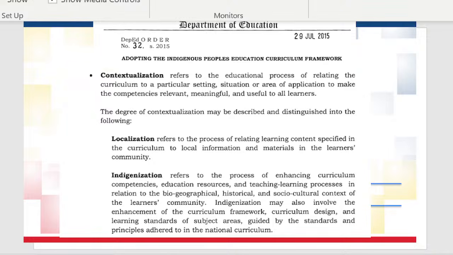That's localization. The learning content is being related to the local information and materials in the learner's community.